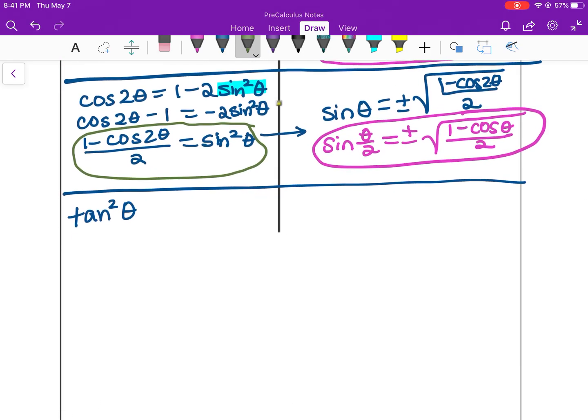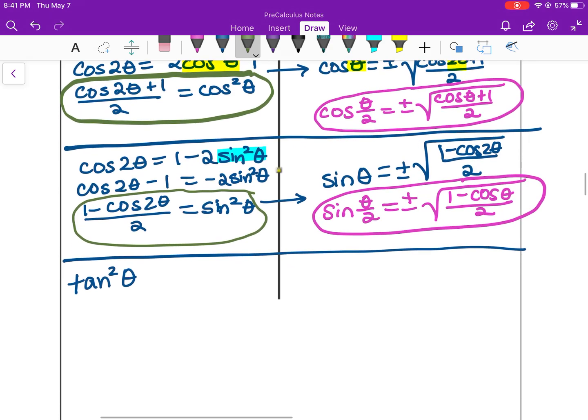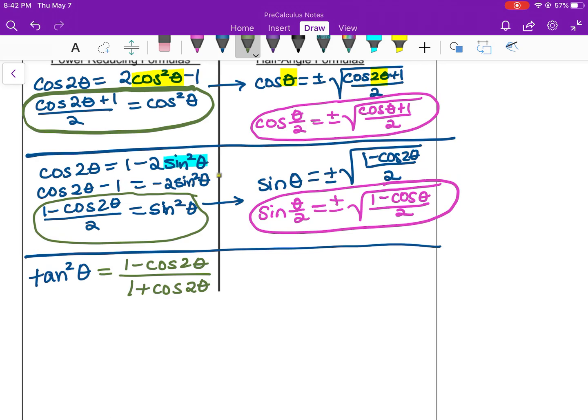For tangent squared, we will stack sine squared over cosine squared. And once we do that, we'll have 1 minus cosine 2 theta over 1 plus the cosine of 2 theta. Now, if we want to take that and find the half angle, we would take the square root again, and we would cut every angle in half.